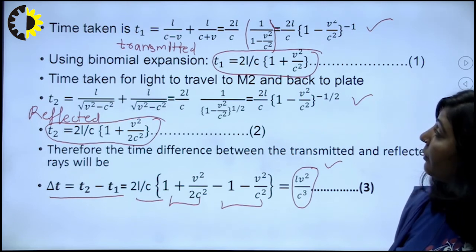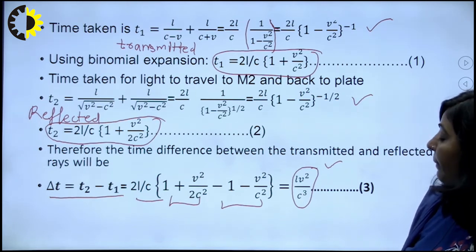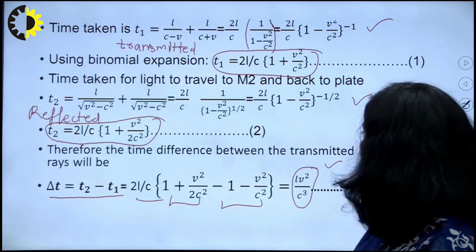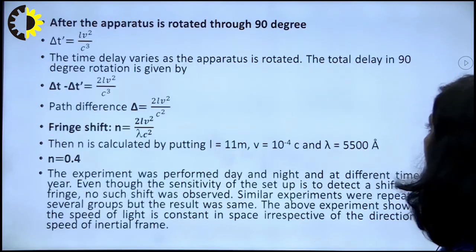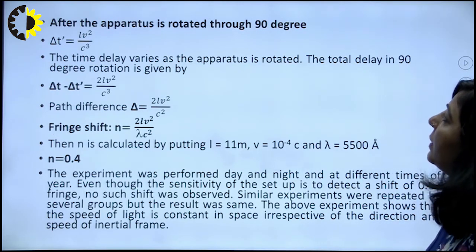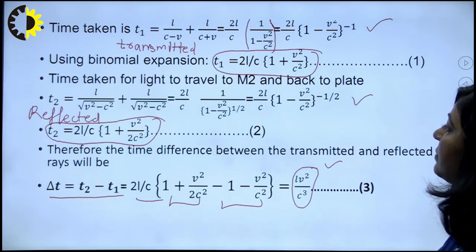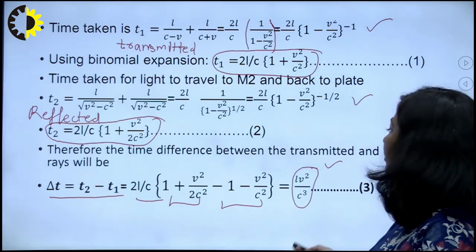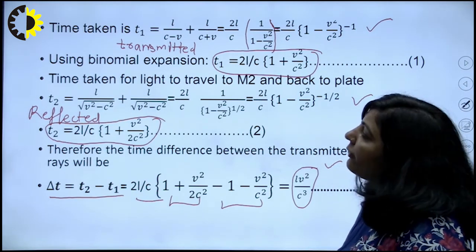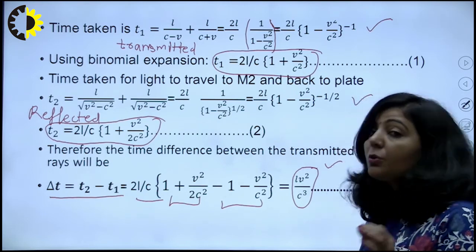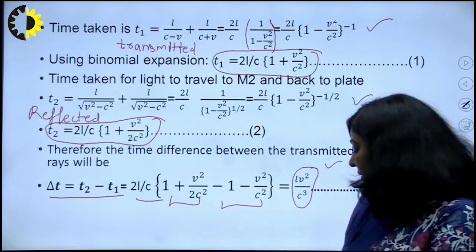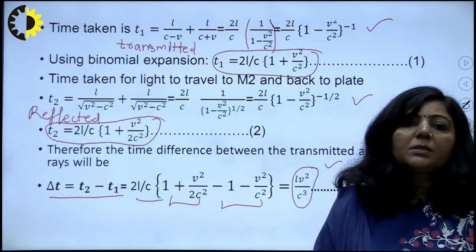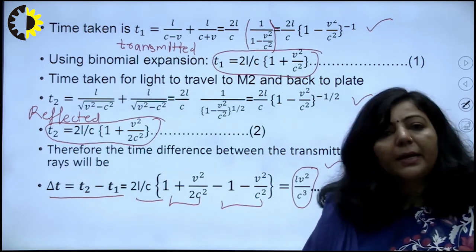If there is a time difference, then there will be a path difference. So yes, this is the time difference, and after finding this time difference you can find a path difference. This is your case number 2 of the Michelson experiment. In case number 1, the apparatus is at rest.